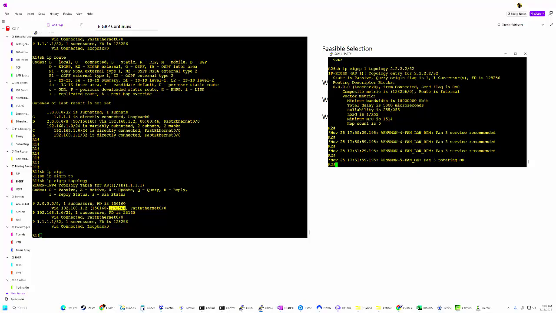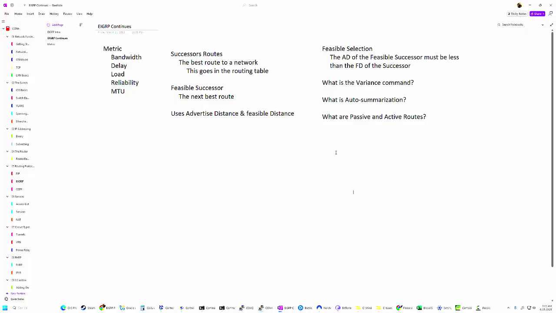If I had a third router, which I'm going to hook up here before the next video, most likely, we would take a look at that. Nonetheless, you've got to understand that your successor becomes the route. Now, keep in mind, we're talking about feasible successor, which is the backup route. But what we're talking about now is the feasible distance, to actually determine what becomes a feasible route.